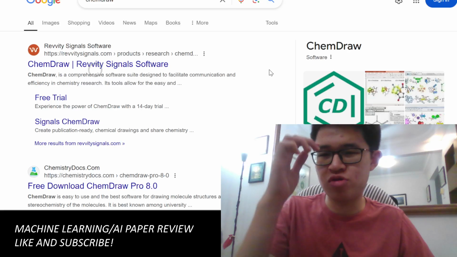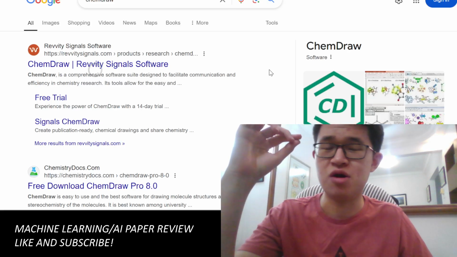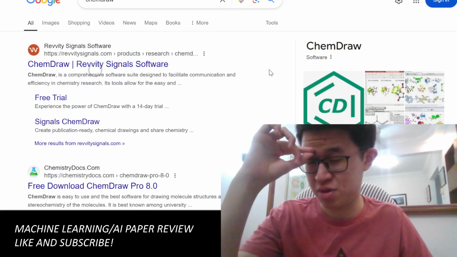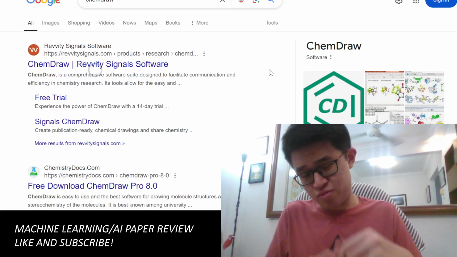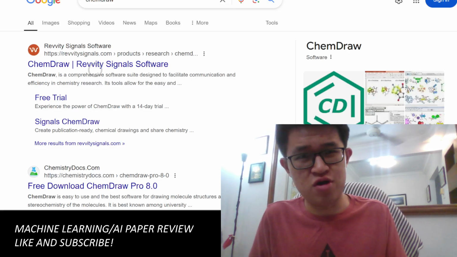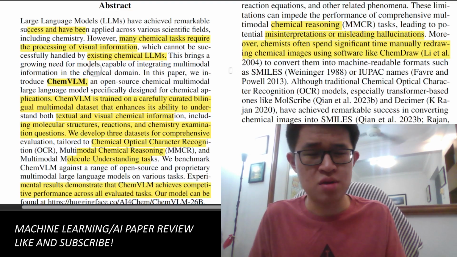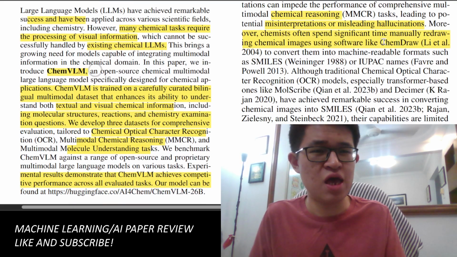You will usually get ChemDraw as part of your undergrad curriculum if you are going for a chemistry degree. But honestly, I hate these proprietary software.